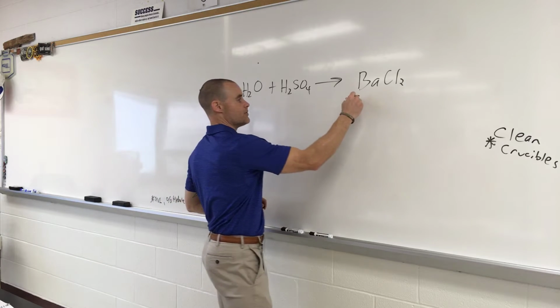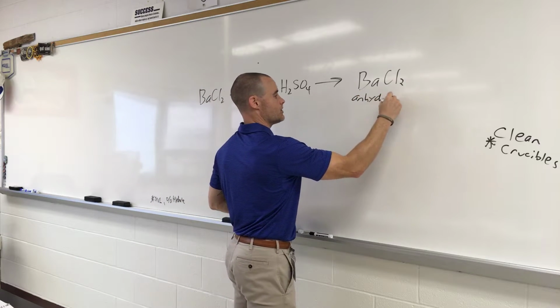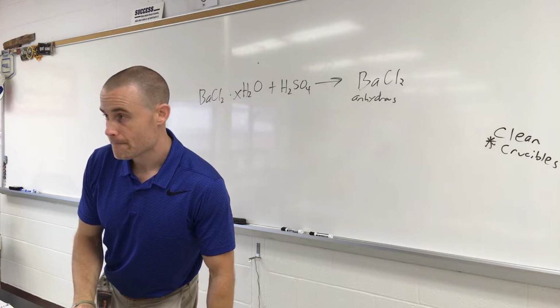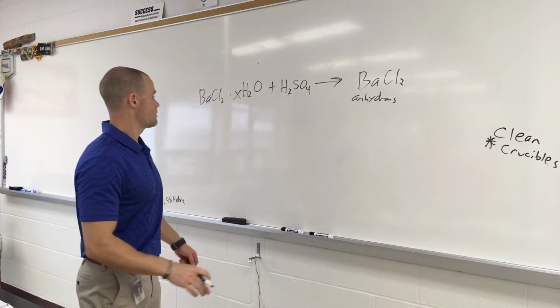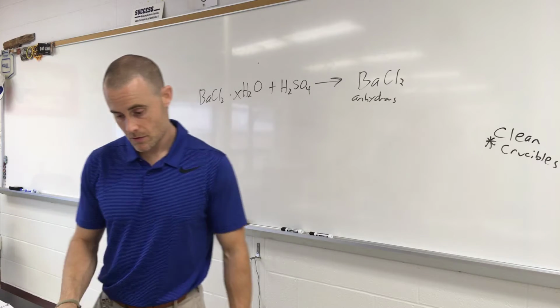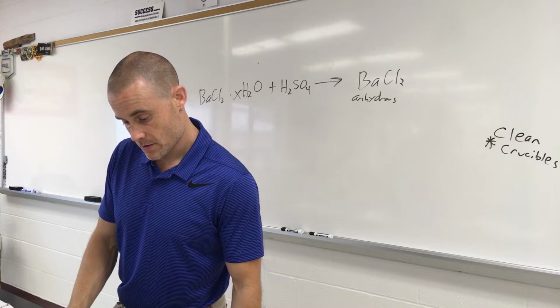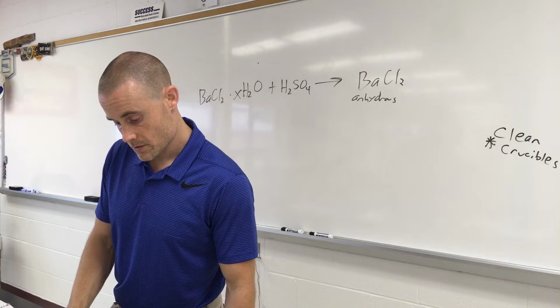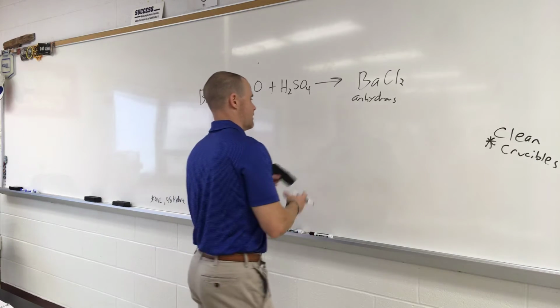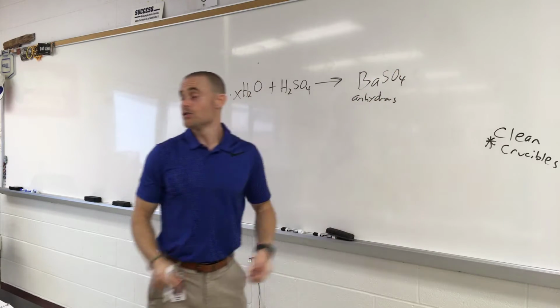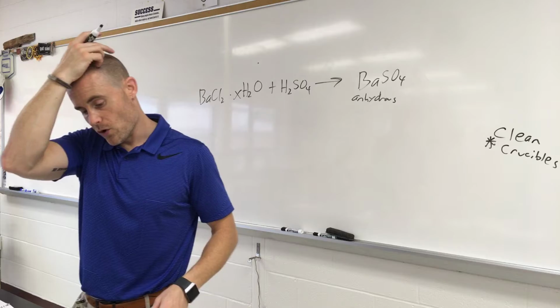This is anhydrous because it lost all the water. It says the anhydrous is BaSO4. Yeah, I'm sorry, I wrote the wrong one. My fault. So yeah, you have BaSO4, which is anhydrous.